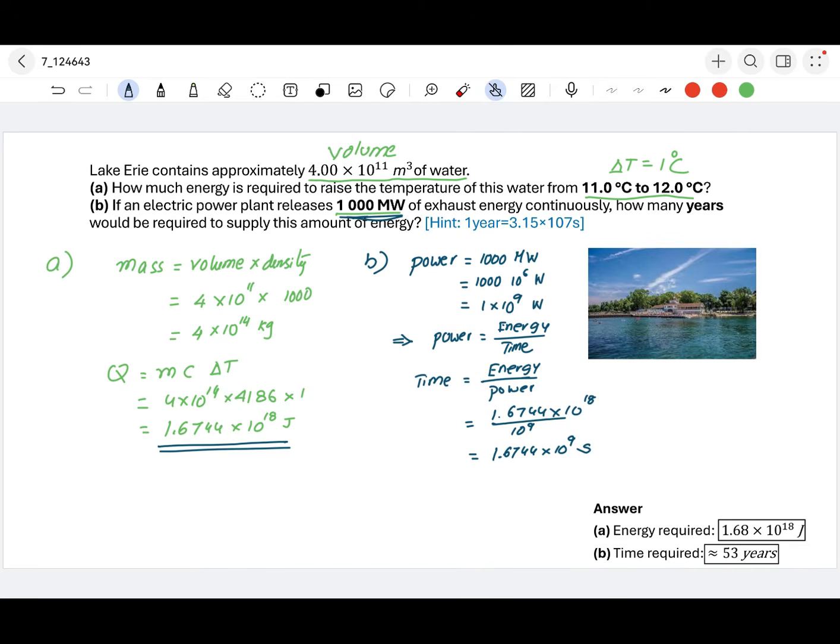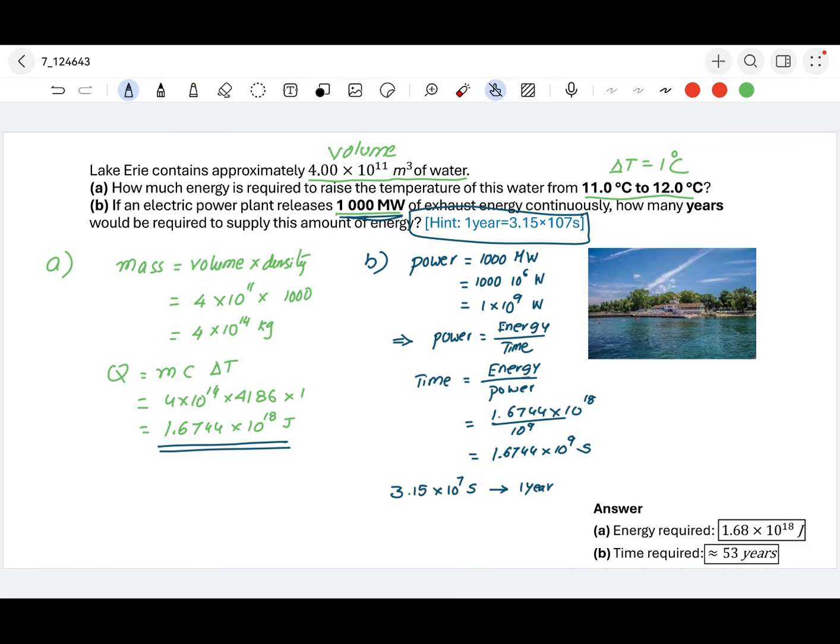Okay, that's good, but he is asking the answer in years. So very simple. What is the thing given? The hint is given: 3.15 times 10 power 7 seconds is equal to 1 year.